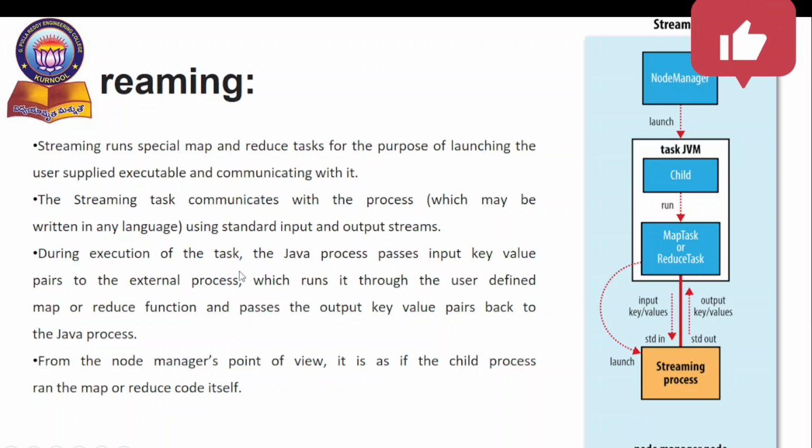During execution of the task, the Java process passes input key values as input to the external process, which runs it through the user-defined map or reduce function and passes the output key value pairs back to the Java process. So this is how it takes input, performs operation, and generates output. From the node manager's point of view, it is as if the child process ran the map or reduce code itself.